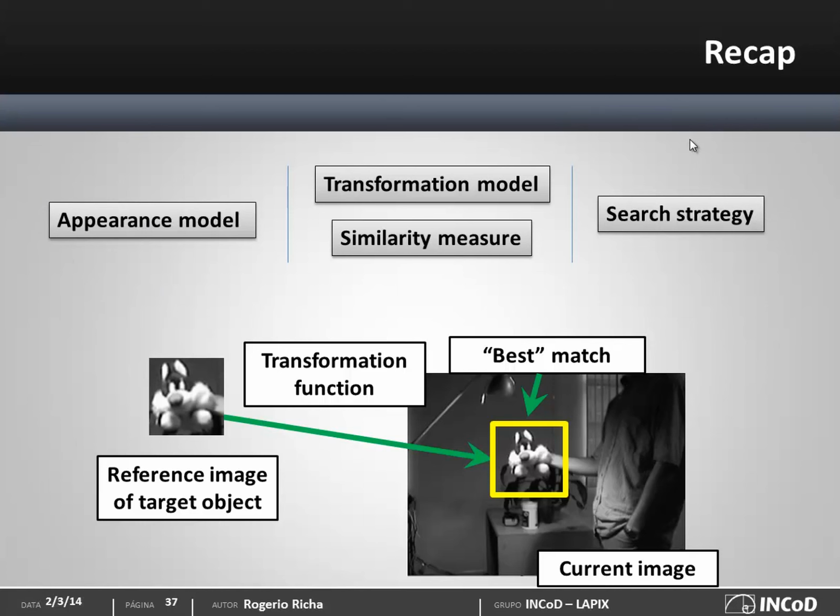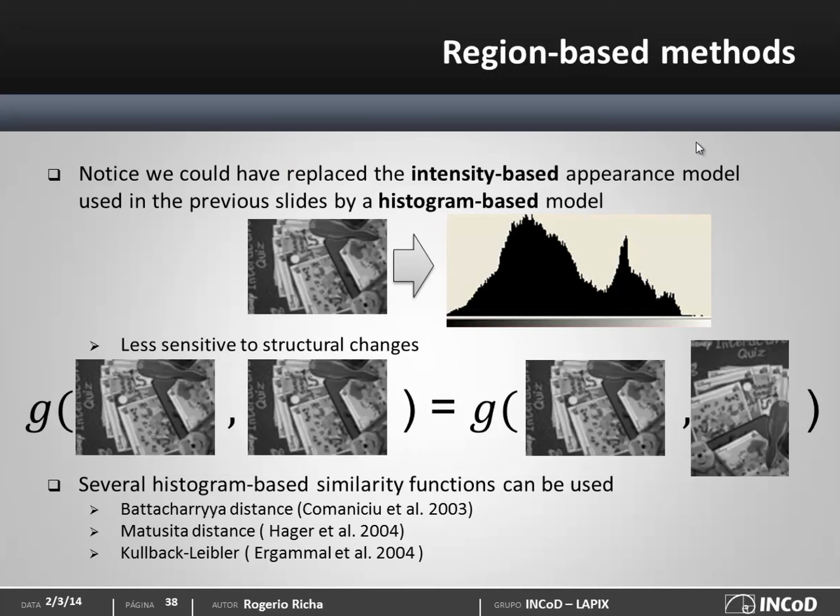early in the presentation. So for instance, I could have replaced the intensity-based appearance model, the set of pixel intensities, by a histogram, and instead it would be much less sensitive to structural changes.